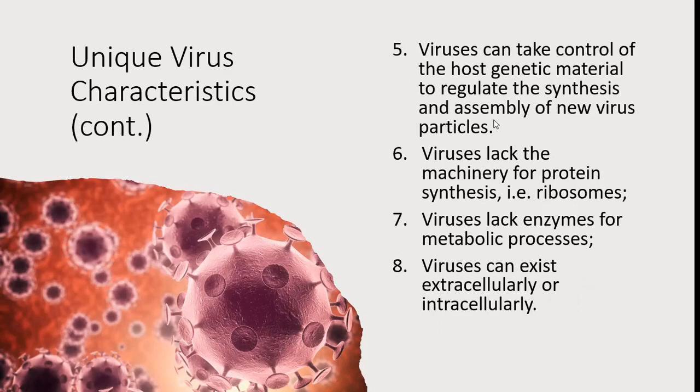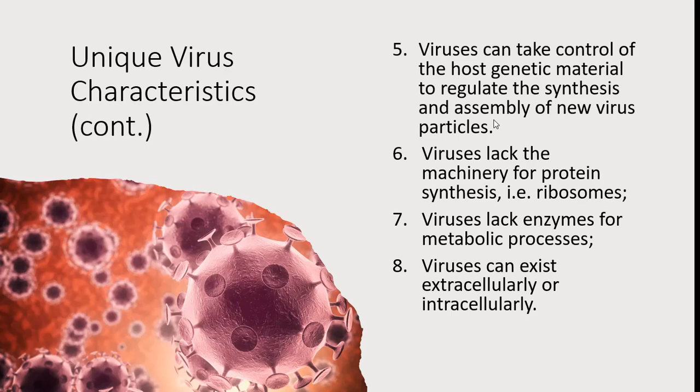Viruses and those bacteriophages that we're going to talk about are not capable of any kind of metabolic activity. Why? Because they lack that machinery. They don't have organelles such as ribosomes needed for making proteins, or to be able to replicate DNA or RNA.